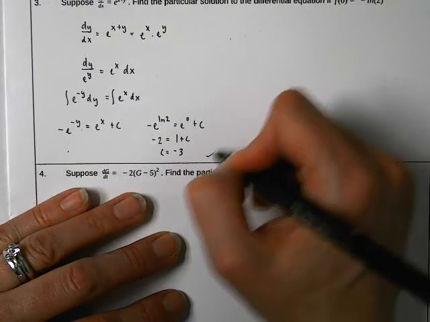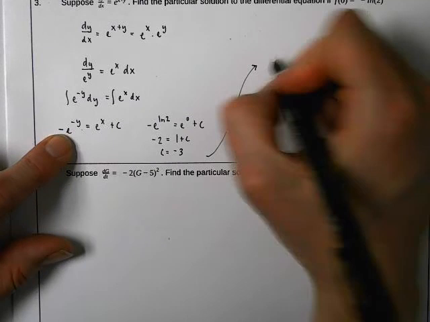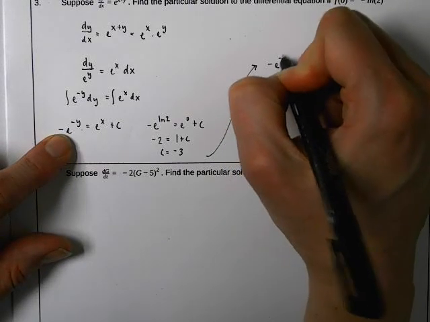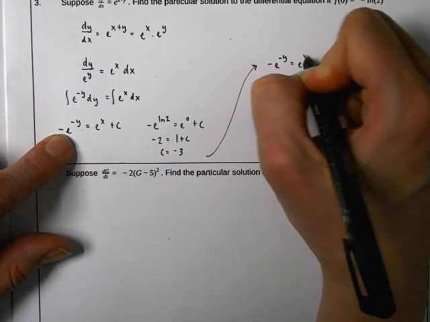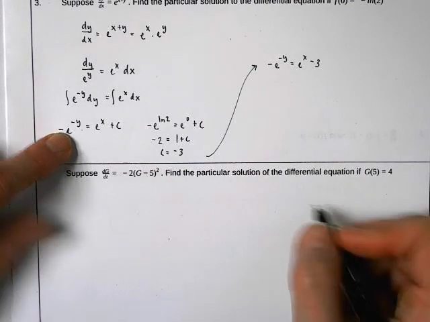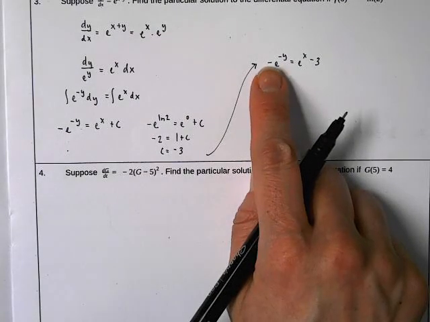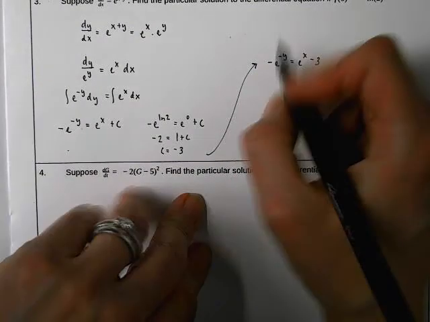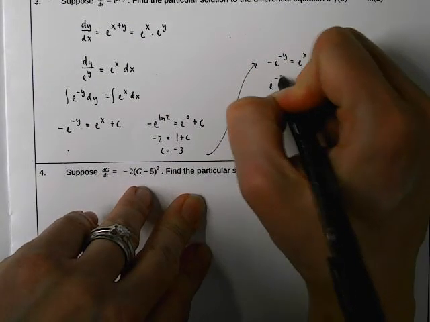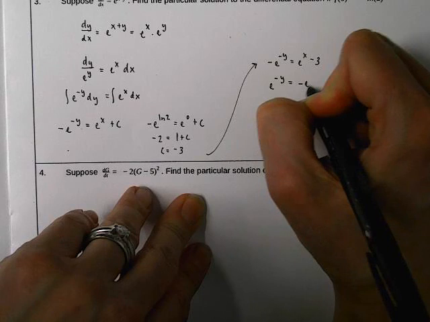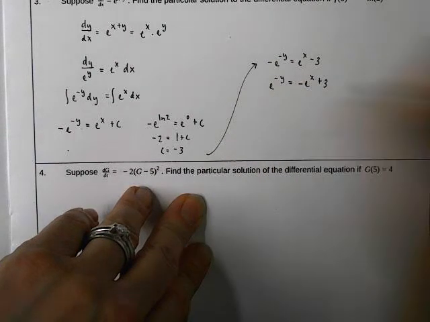So I'm going to bring my work up here. Now I have the opposite of e to the negative y equals e to the x minus 3. First thing I'm going to do is get rid of this negative. So I'm going to multiply everything by a negative 1. So I have e to the negative y equals negative e to the x plus 3.